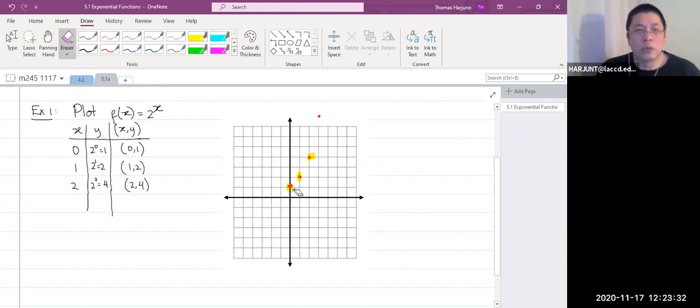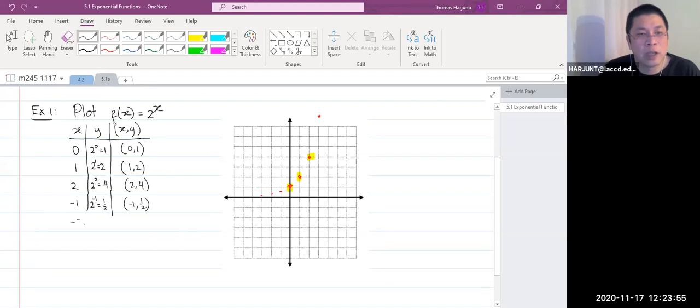Now, with the same principle, when I move to the left 1 unit, instead of multiplying by 2 as we do going to the right, you divide by 2, divide by 2, divide by 2. Okay, and you can check that by computation. When x is -1, 2 to the -1 is 1/2.